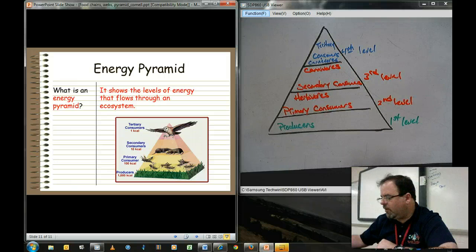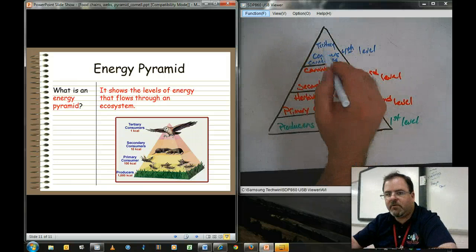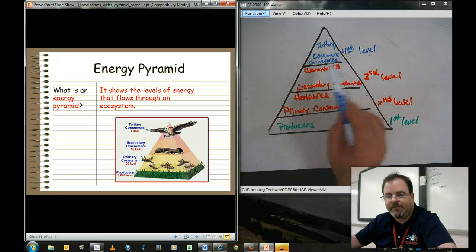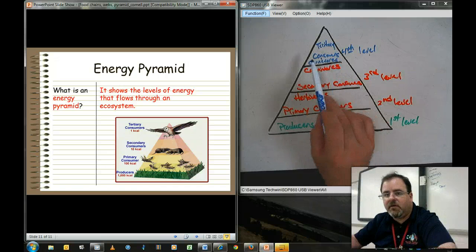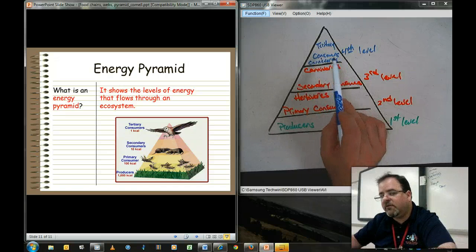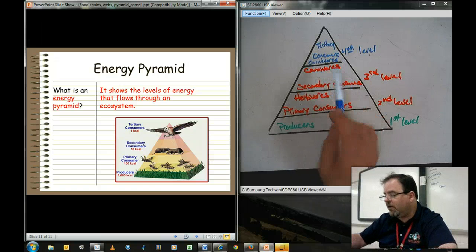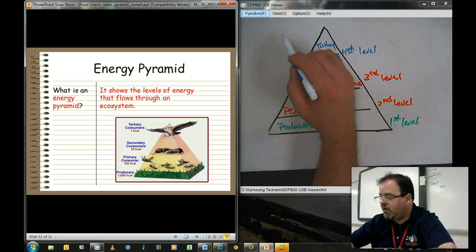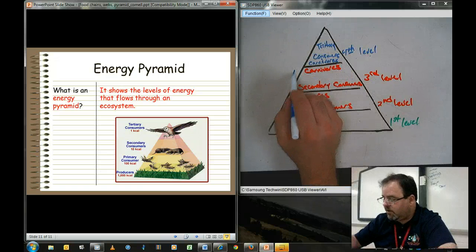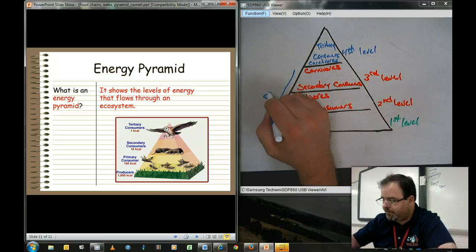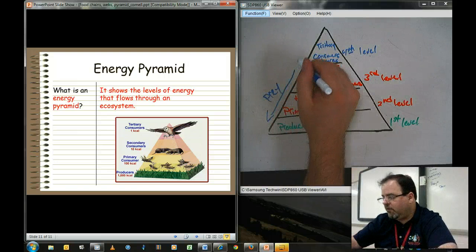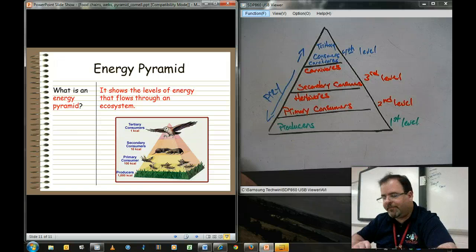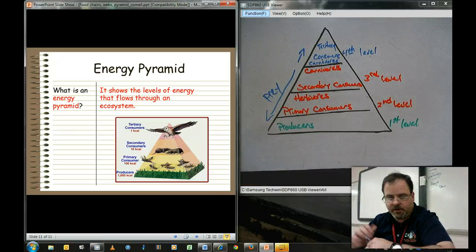These are like your top level guys, your hawks or owls or bears or wolves, where not much will come after and hunt these things. These are the hunters or the predators, and everything underneath is kind of like the prey. So all prey down here, and these guys are of course your predators. So that's kind of it in a nutshell.